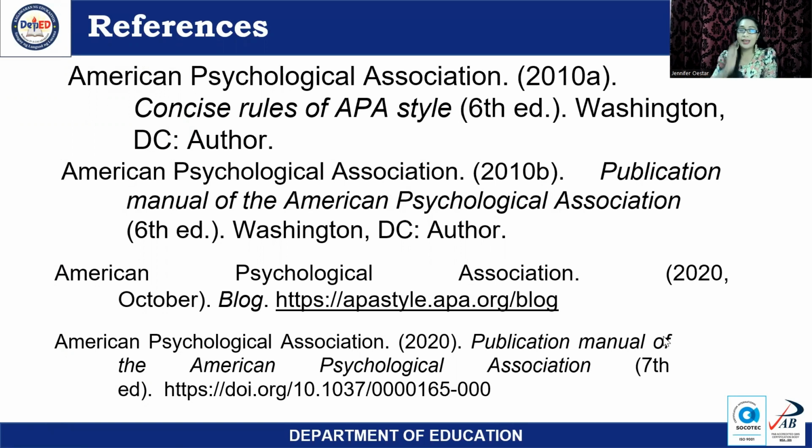And with that, here are my references: American Psychological Association, Concise Rules for APA Style, American Psychological Association blog, and American Psychological Association Publication Manual of the American Psychological Association, 7th edition.